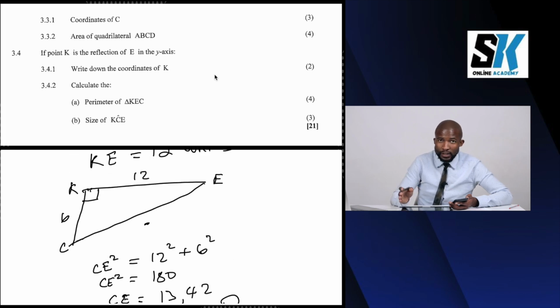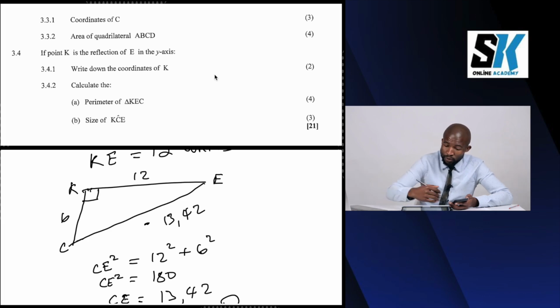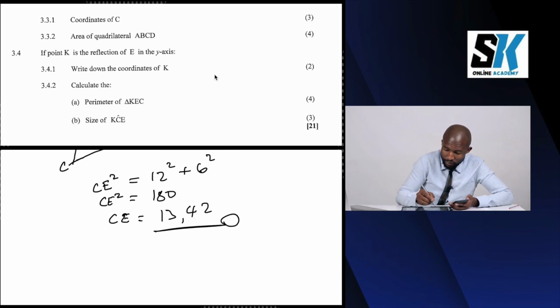So the question said that we must find the perimeter of this triangle. We know that you just add all your sides. That's how you get your perimeter.